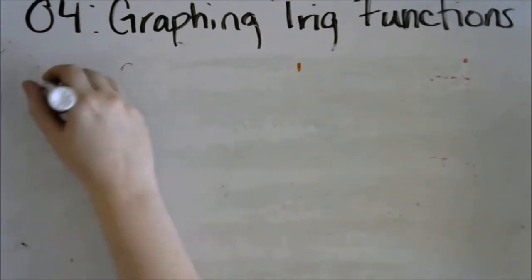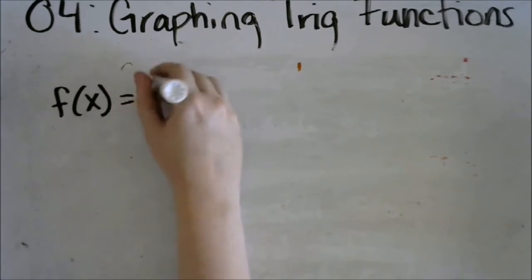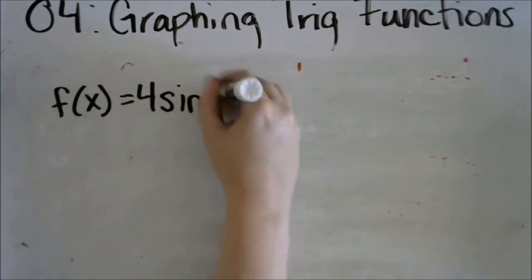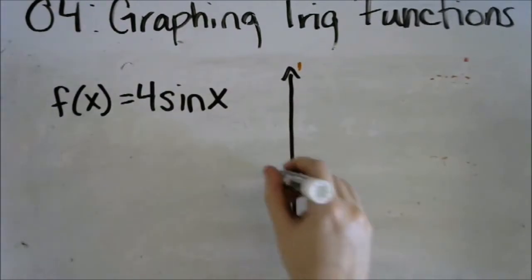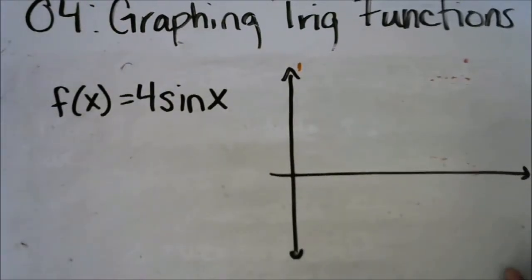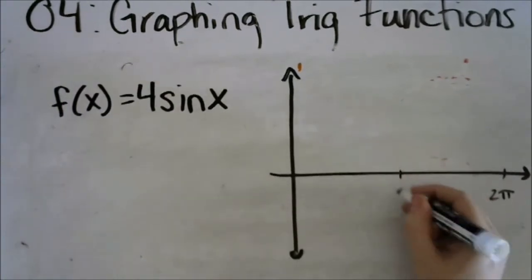For our first example, we're going to graph f of x equals 4 sine x. This is the type of function we should be able to graph with or without our calculator, but for this example, let's go ahead and do it using both.